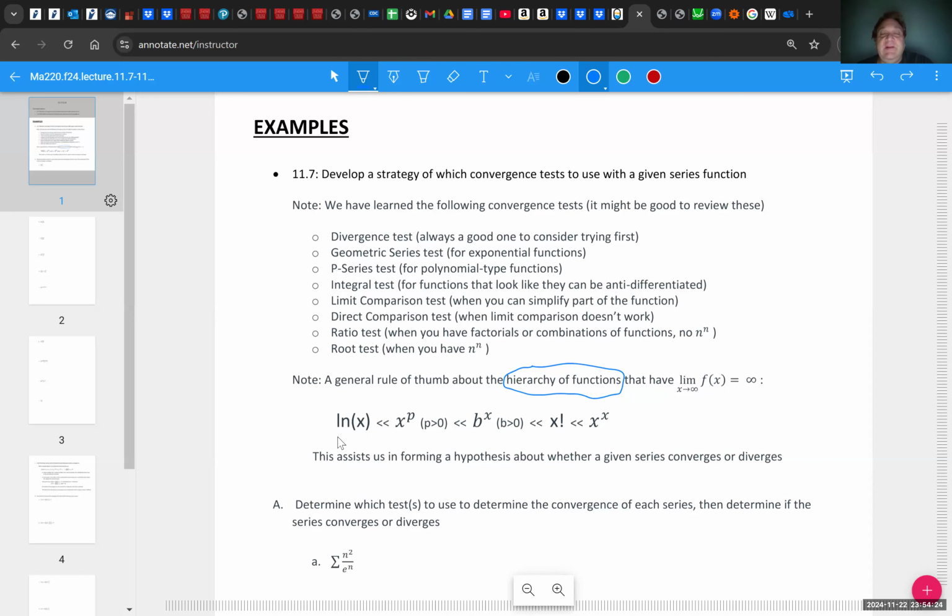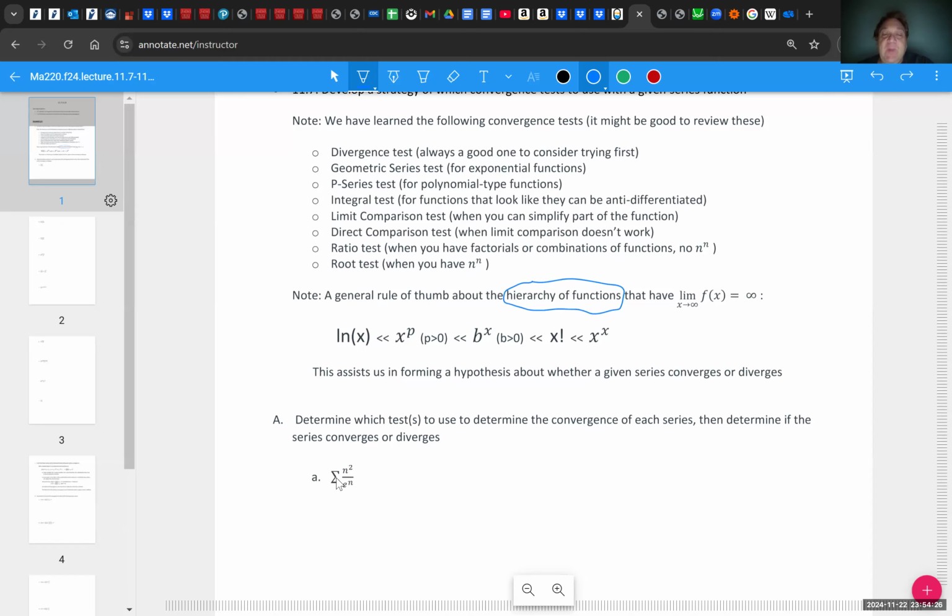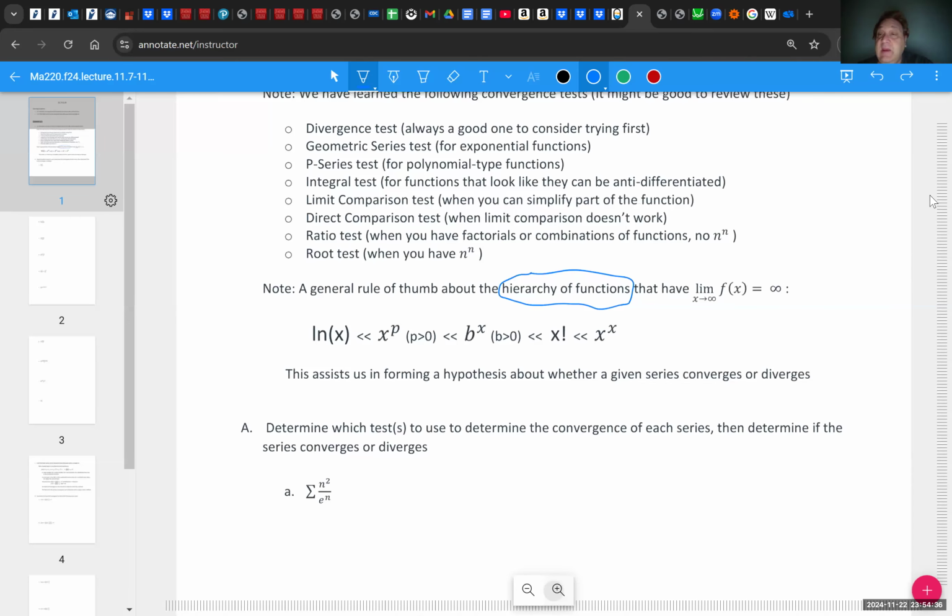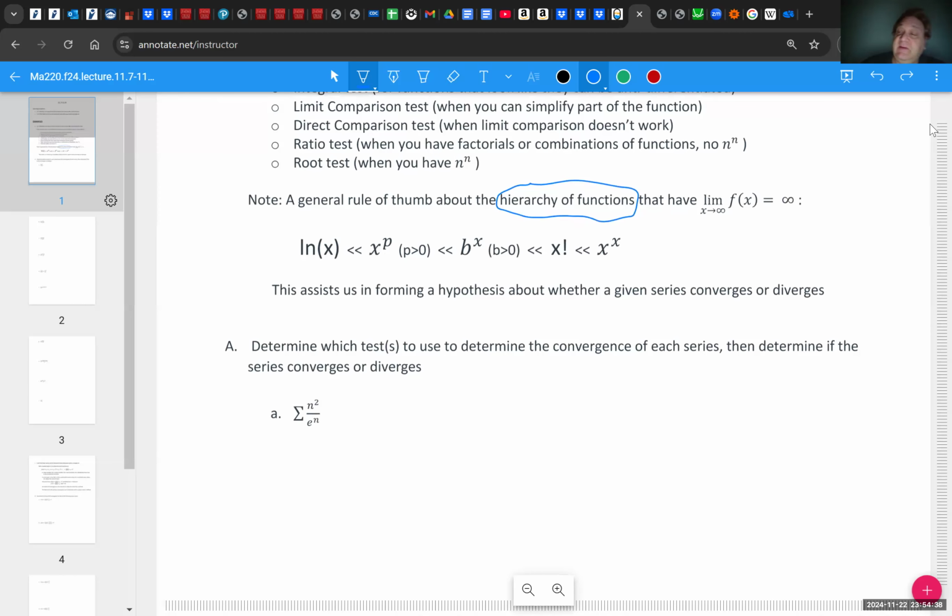Okay, so let's look at this example A. I'm given this series right here, n squared over e to the n. As I mentioned before, it's always a good thing just to give the divergence test a try. The divergence test is you take the limit of the sequence, not the series.